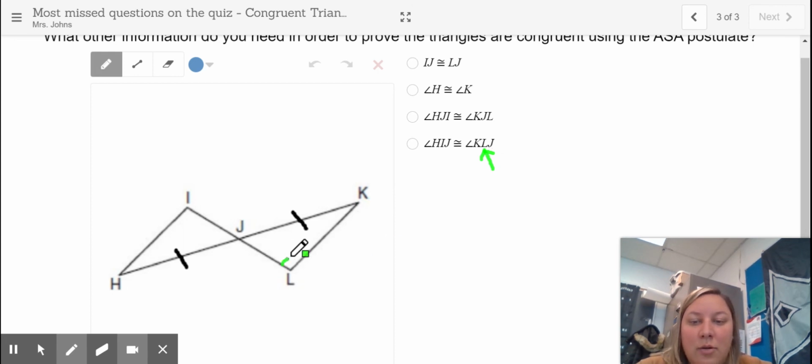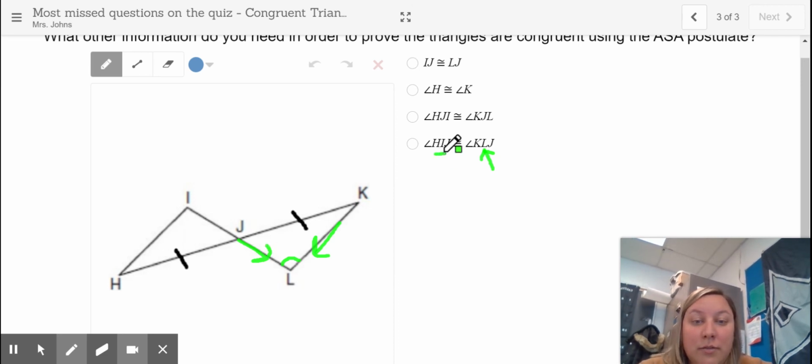So angle L, we would call it KLJ, or that's a way to call angle L using 3 letters. The middle letter is the most important letter, that's the real angle we're talking about, and the other letters on either side point to that angle, right? Angle K points to L, angle J points to L.